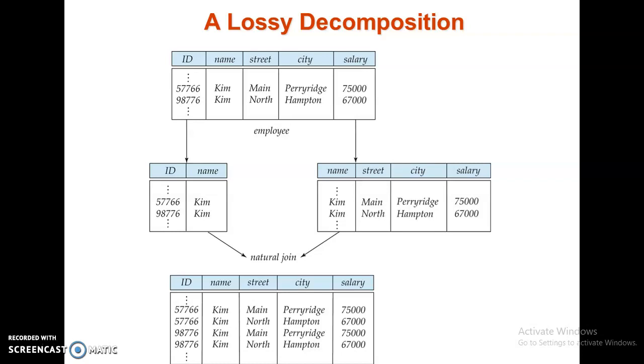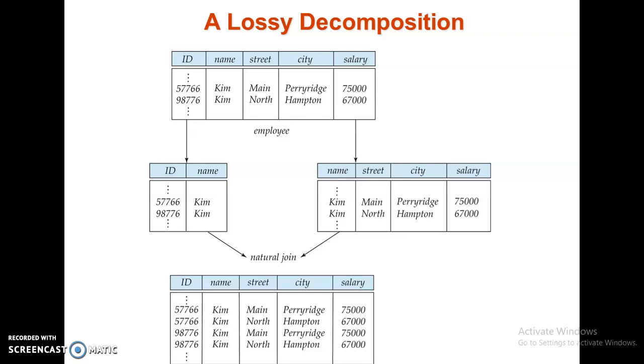When it comes to the lossless join decomposition, the decomposition must be a lossless join. Lossless join decomposition means when you have decomposed a relation into two pieces, and if you perform a join operation on those two pieces, you are able to reconstruct the original relation.